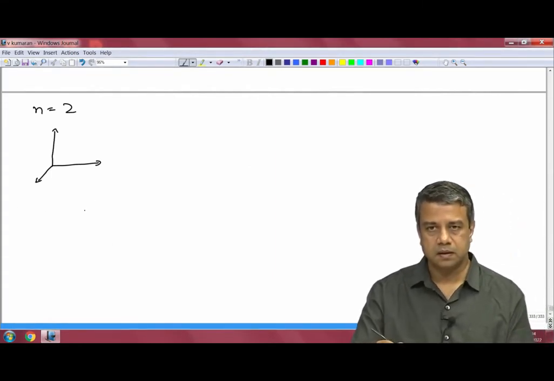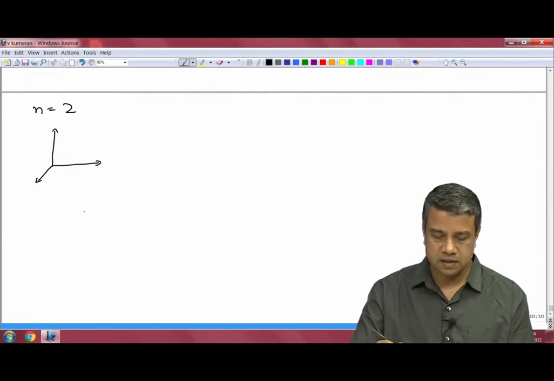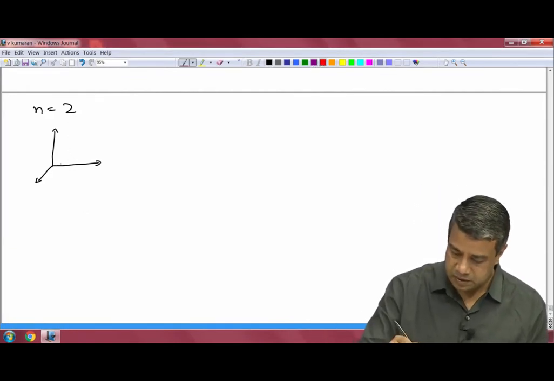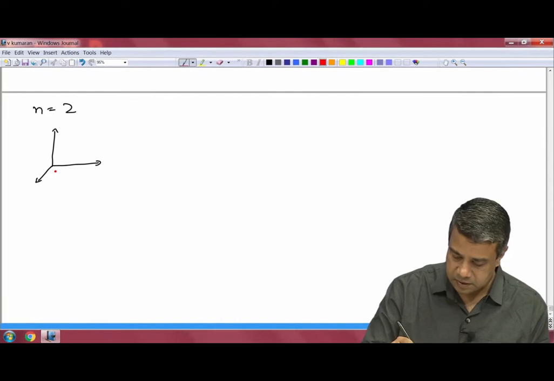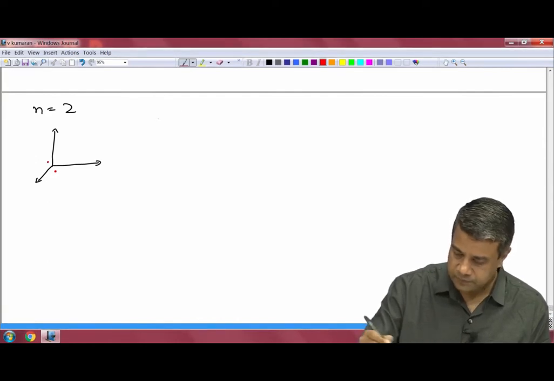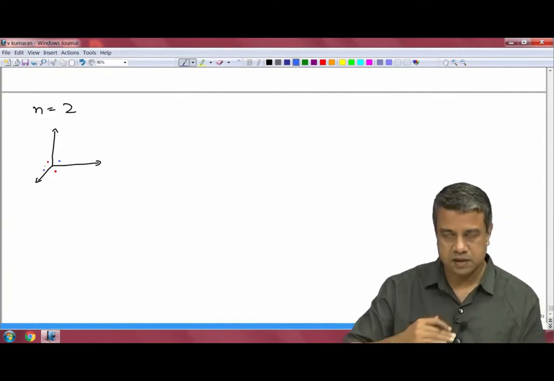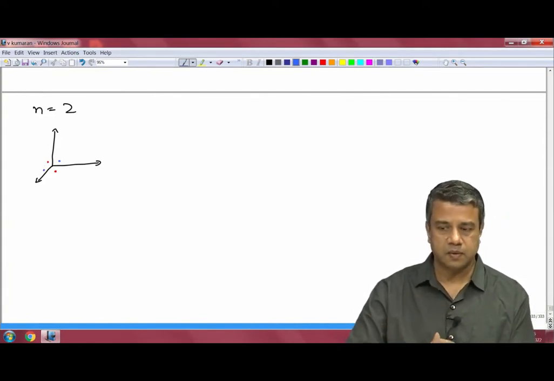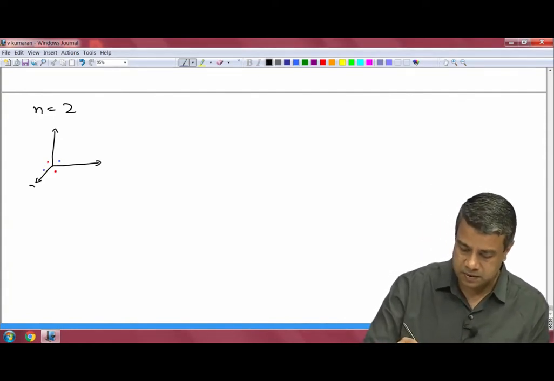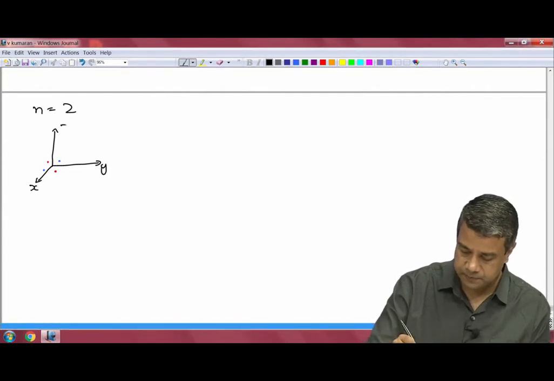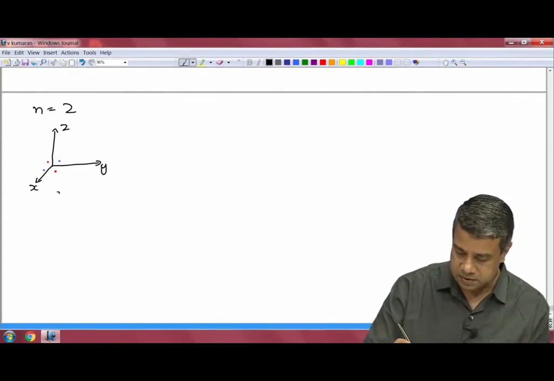Two of them are in the xy plane. This is in the horizontal plane. I am trying to plot a projection in the horizontal plane, in the xy plane alone. This corresponds to what is called phi xy.